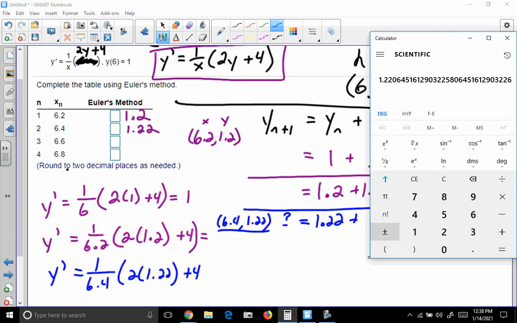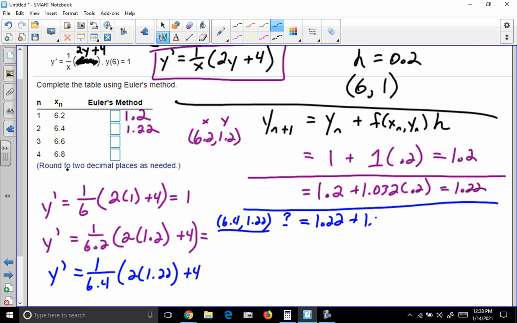Let's run that through our calculator. 1.00625, and that's times our delta x.